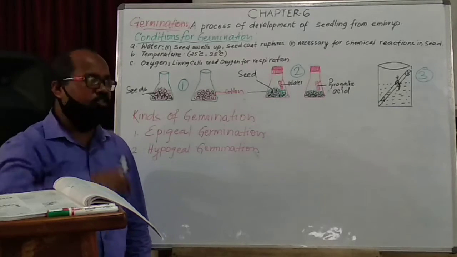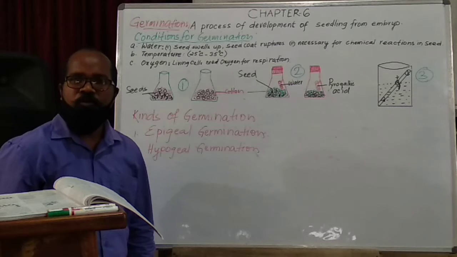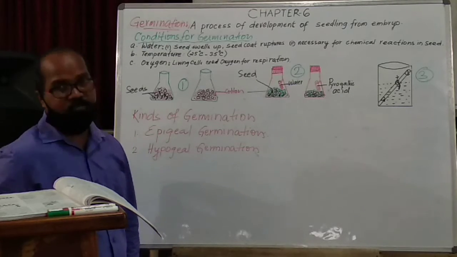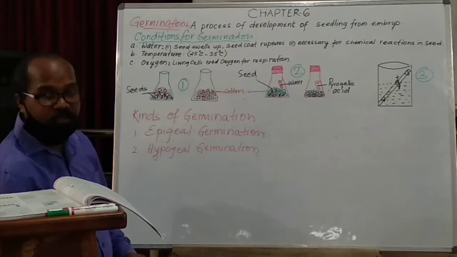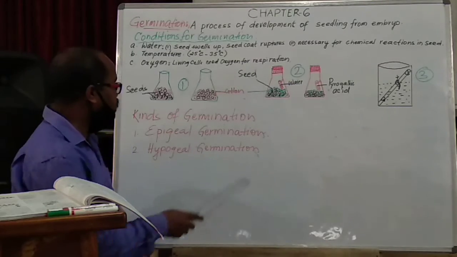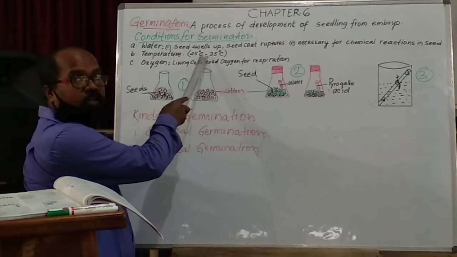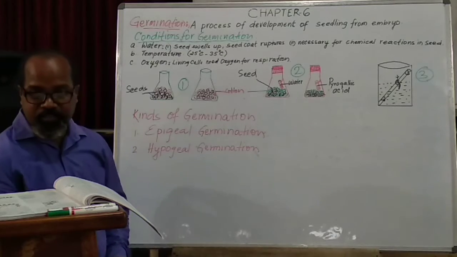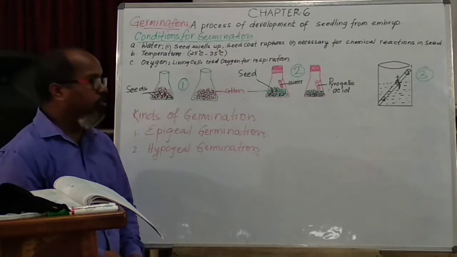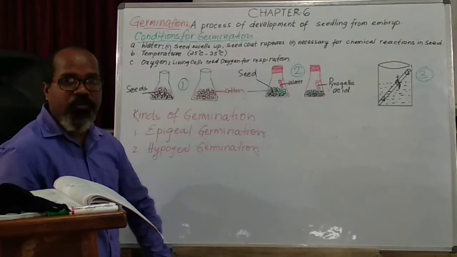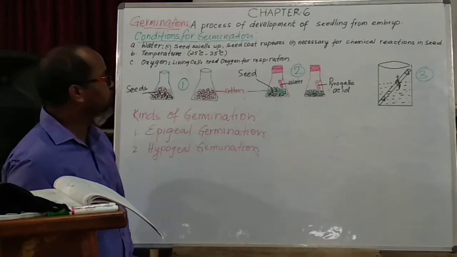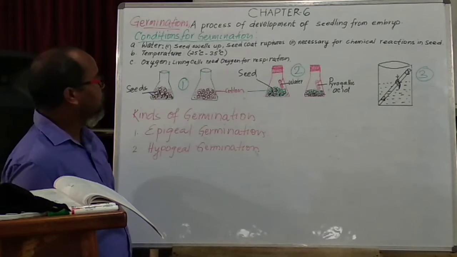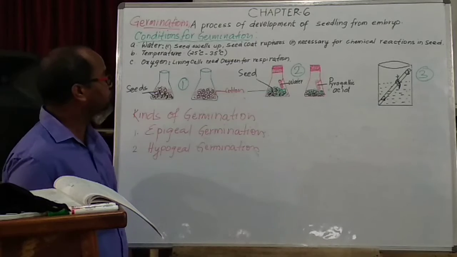At very high temperatures, the embryo, which is made up of tender, delicate cells, dies. Therefore, the optimum temperature required for germination is 25 degrees centigrade to 35 degrees centigrade. My dear students, this is the optimum temperature that is needed for germination.